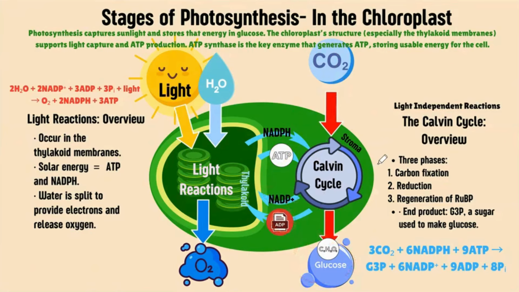For the Calvin cycle, or the independent reactions, which don't depend on light, there are three main phases: carbon fixation, which utilizes the CO2 from the atmosphere; reduction; and regeneration of what's known as RuBP. The purpose of the regeneration is to produce G3P, which is a form of sugar. So essentially the goal is to make glucose, or a type of sugar. That's a brief overview. In the next part, we're going to go into more detail about the light reaction and the Calvin cycle.